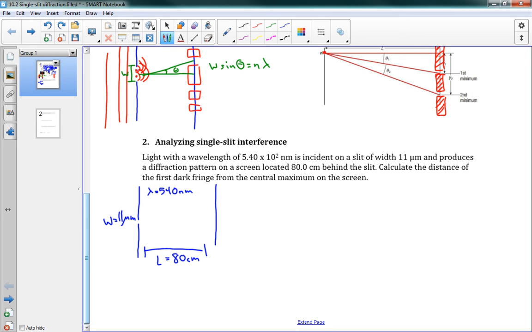And we want to calculate the distance of the first dark fringe from the central maximum. So we've got our screen here. We've got our central maximum. That's this guy right here. So I'll extend that a bit here. So this is our central maximum. We want to find the first dark fringe. So if we've got another light fringe here, we want to find this distance. So that's going to be our y1.